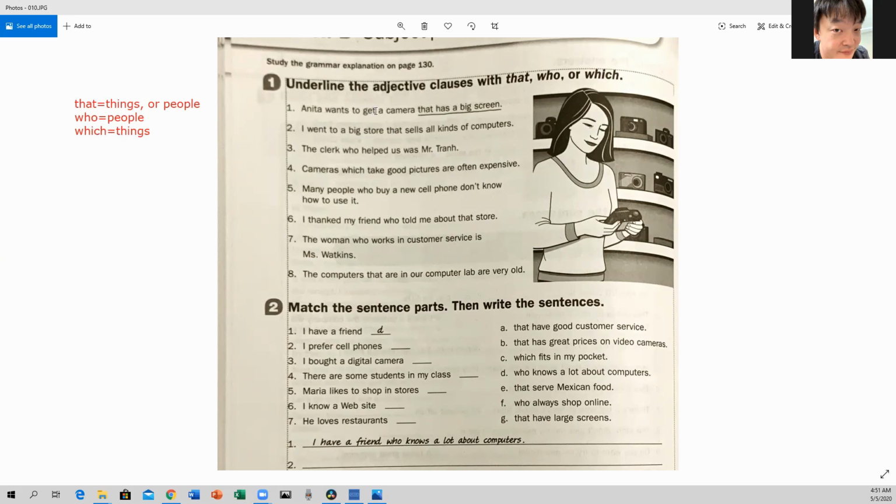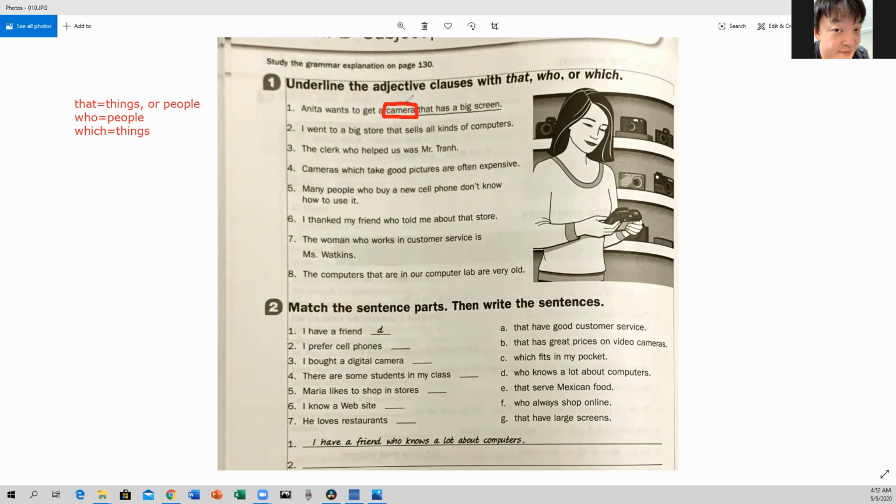Anita wants to get a camera. Think about this word here, because it is going to help you think about the next sentence. Think about this word, camera. Anita wants to get a camera, and then ask a question about the camera.